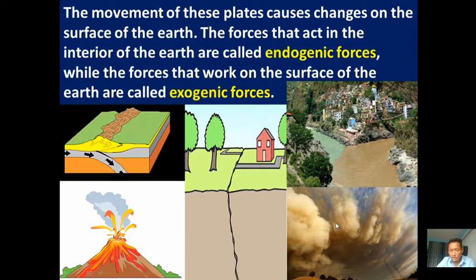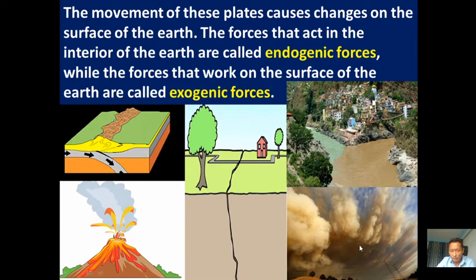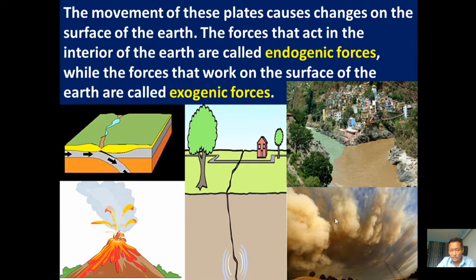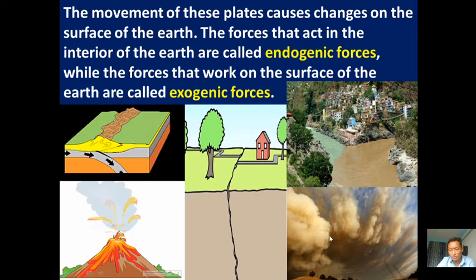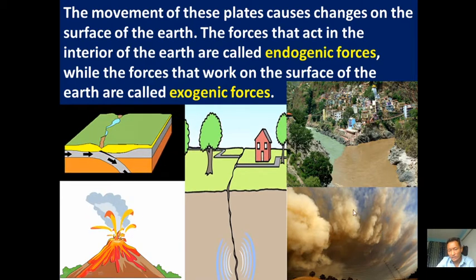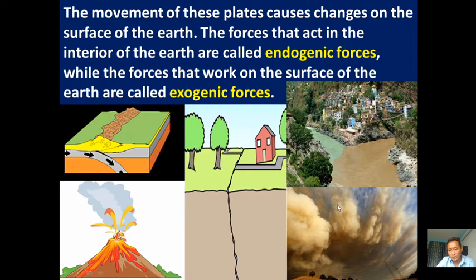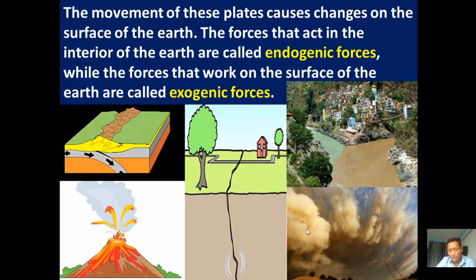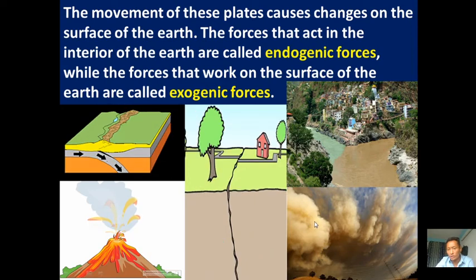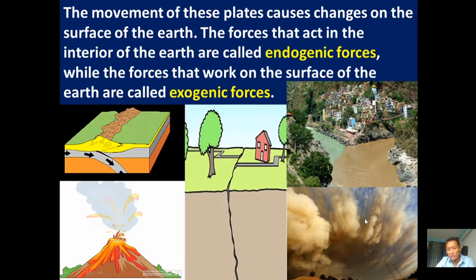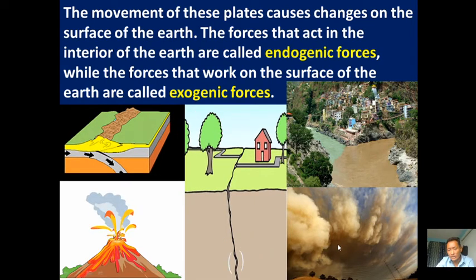Likewise, if we study the second image, here we have wind. This wind is carrying lots of sand and dust in the atmosphere. Initially these sands and dust are eroded from some other place, and now they are being transported to another place, and finally they will discharge this dust and sand at another place.